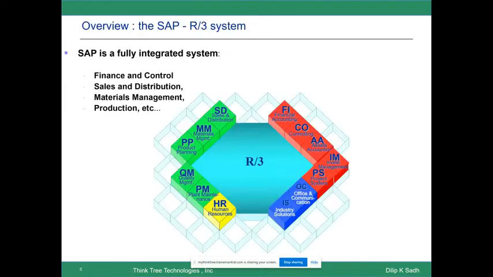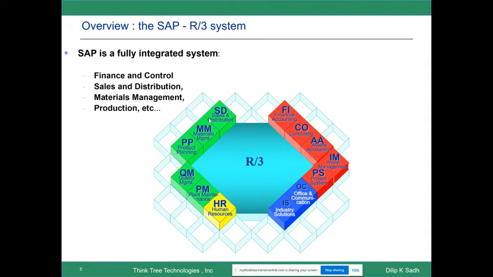So, talking about what SAP SD is. If you see here, SAP is always divided into these colors. These colors which you see on your screen have some meaning. There's a green color, a red color, a yellow color, a blue color, a purple color, and so on. What is the meaning of these colors? These colors represent how SAP is constructed.